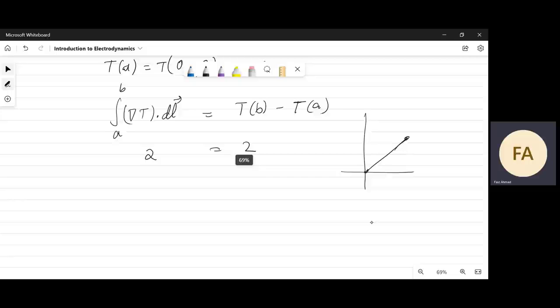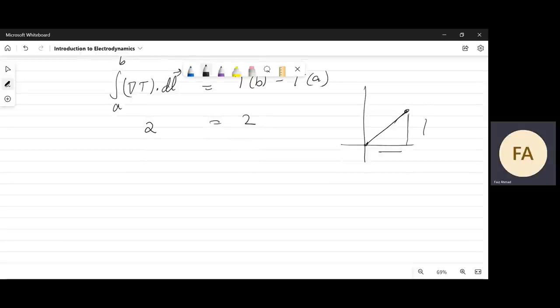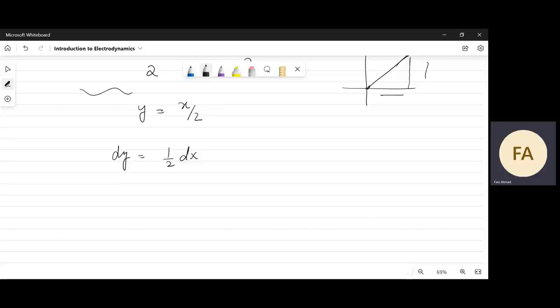For this line, we have to resolve the equation of the line, which is y equals mx plus c, so it will become y is equal to 1 by 2 x, and then dy will become 1 by 2 dx.